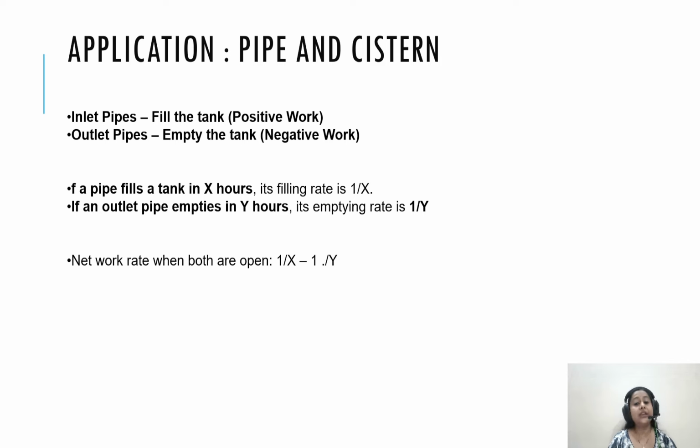So here we will not add it, but we will subtract it, because it is considered negative work. The inlet pipe is doing the positive work, so 1 by X is positive, and 1 by Y is considered negative because it is just emptying the tank. So net work done will be 1 by X minus 1 by Y.